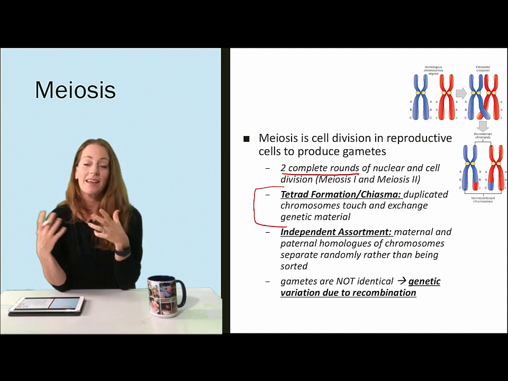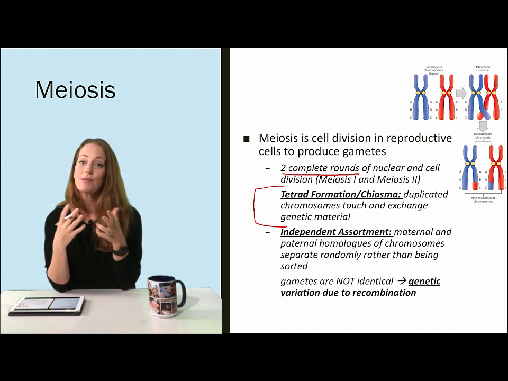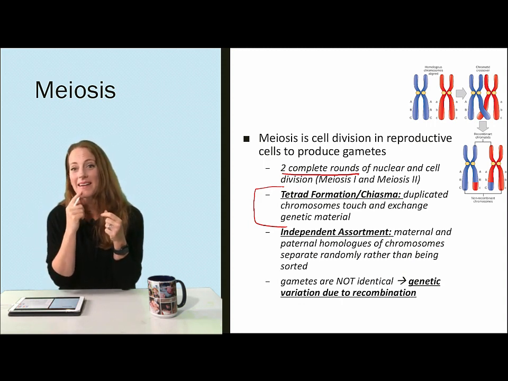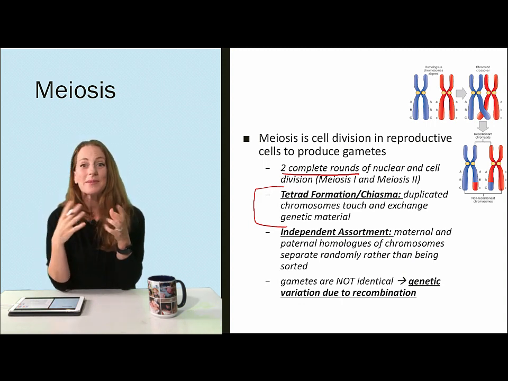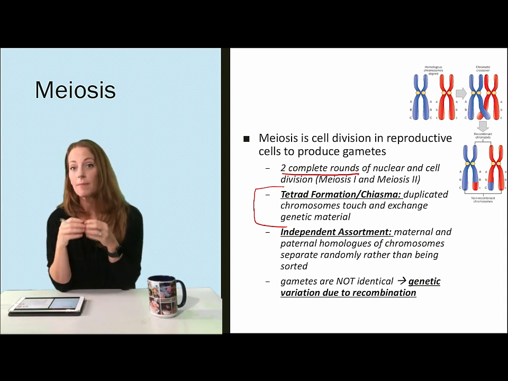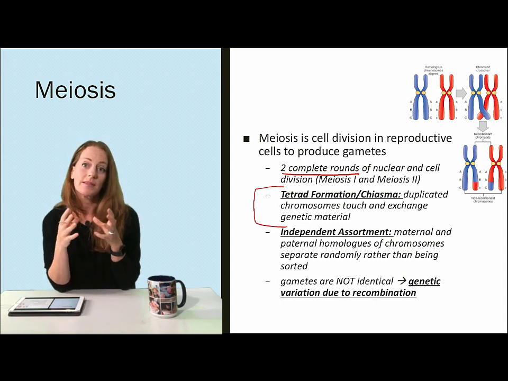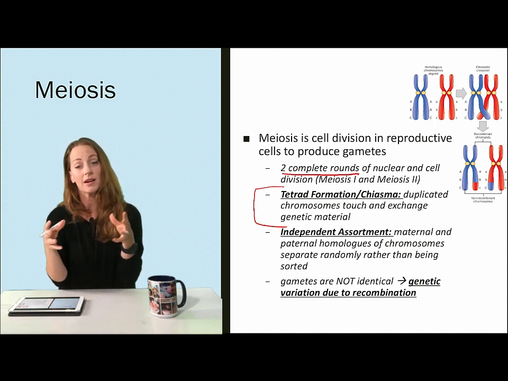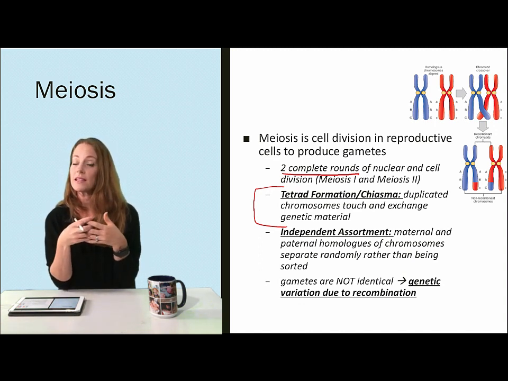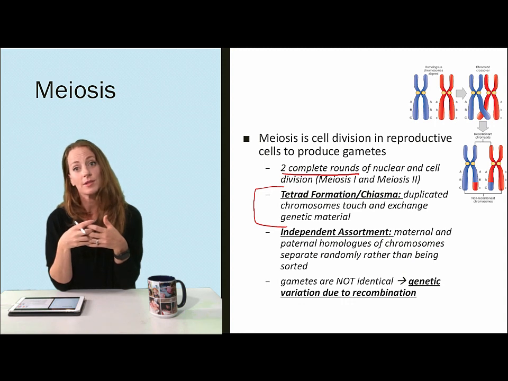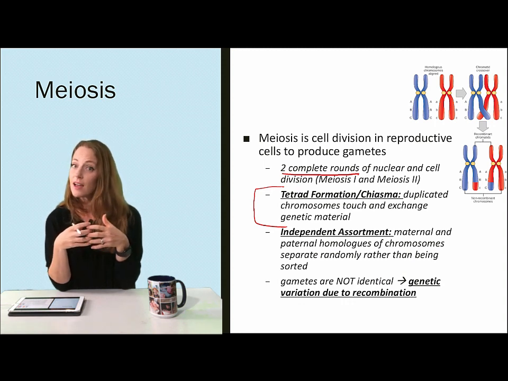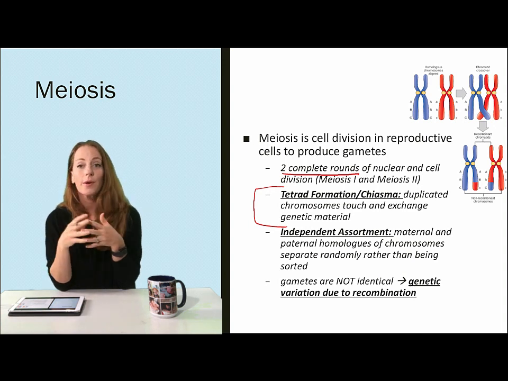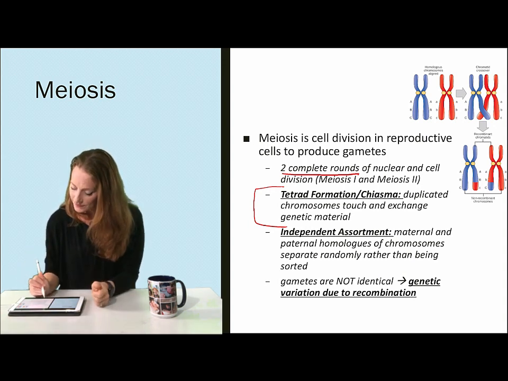And that's why I can have my grandmother's nose, my grandfather's ears, my great-grandfather's lips, etc., because things get all mixed up, very different than what happens in mitosis, where things are very faithfully copied and sorted. Here, they're intentionally mixing genes across the chromosomes. When the chromosomes touch, that's called chiasma, or crossing over.